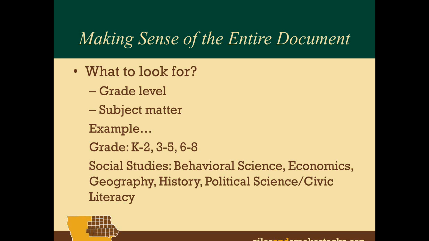Social studies, as you can see, is broken down into 5 different areas. They are behavioral sciences, which is the sociology, anthropology, and psychology part of social studies, and then economics, geography, history, and political science. When I saw that, I was like, oh goodness, we're talking about political science to kindergartners and second graders.